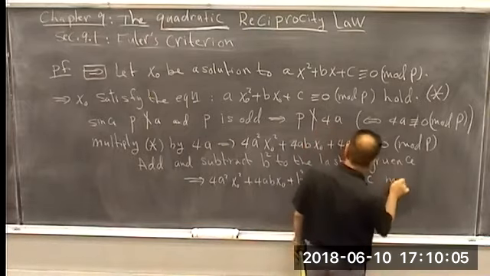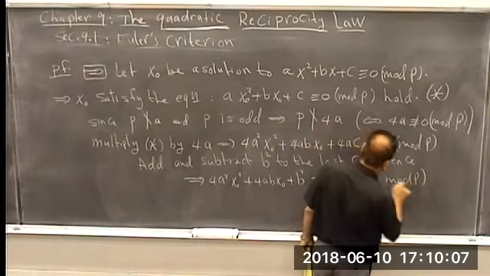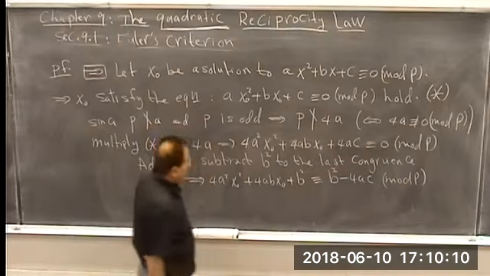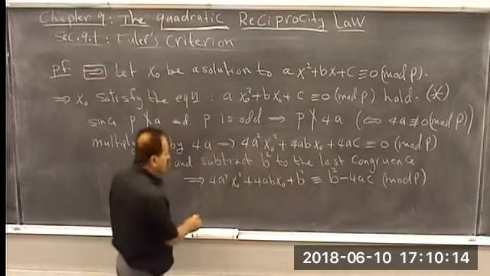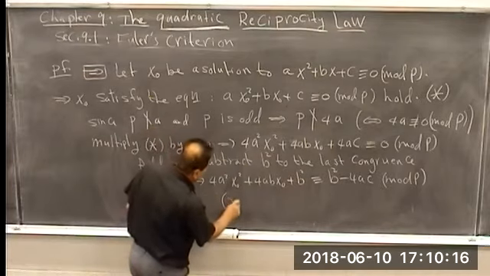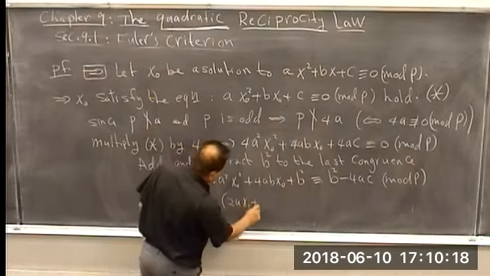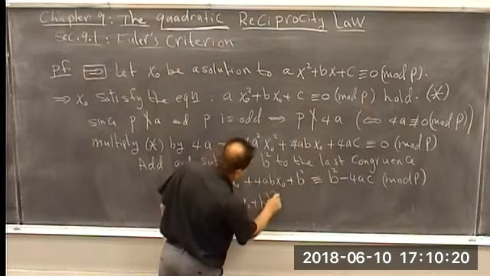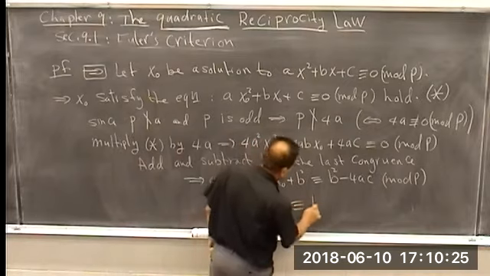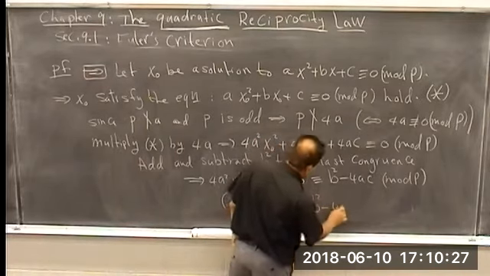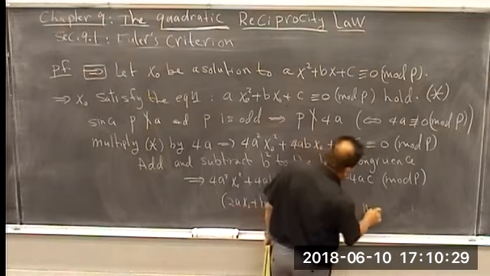The expression on the left-hand side is a complete square. So this one is actually 2a x sub 0 plus b, squared. And this is congruent to b squared minus 4ac mod b.